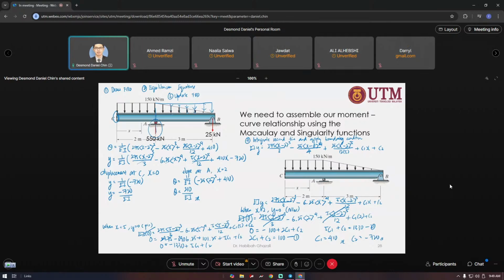Just checking again. Even in class, I repeated many times already. Test 2, only which chapter? 5 and 6 only, correct. But there are 3 questions. Chapter 5 will be question 1 and question 2. Chapter 6 will be question 3. Any other question?